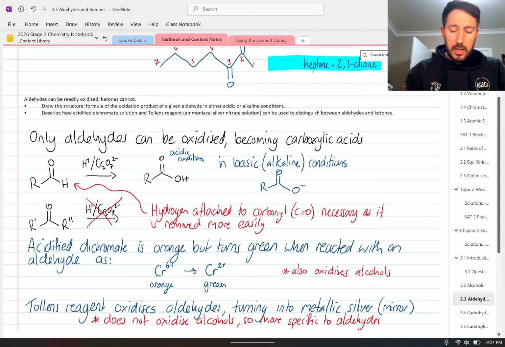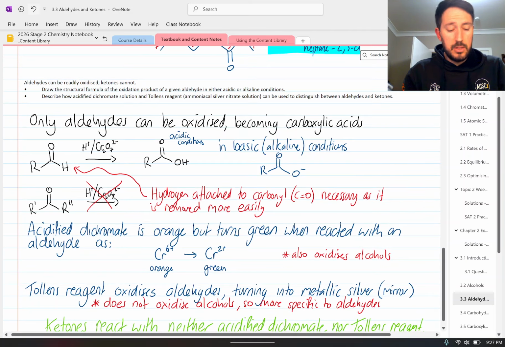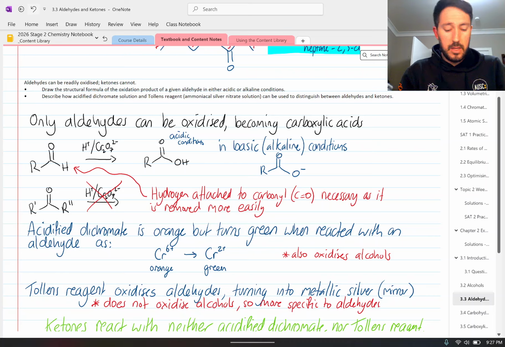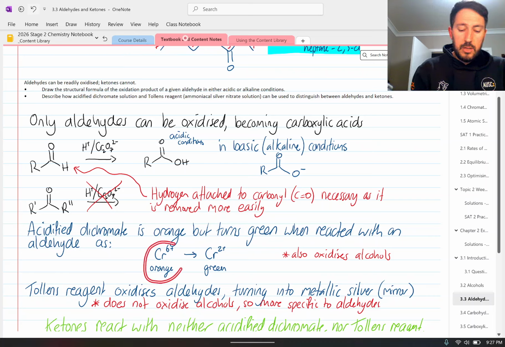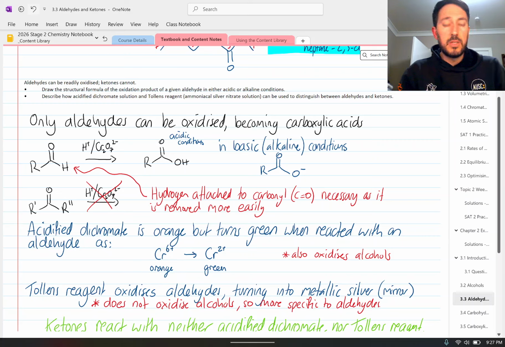And the important bit here is that we can tell nothing happens because acidified dichromate, when it reacts and oxidizes our aldehyde, changes from an orange color, which is caused by the 6 plus chromium ions, into a green color, which is from the chromium 2 plus ions.